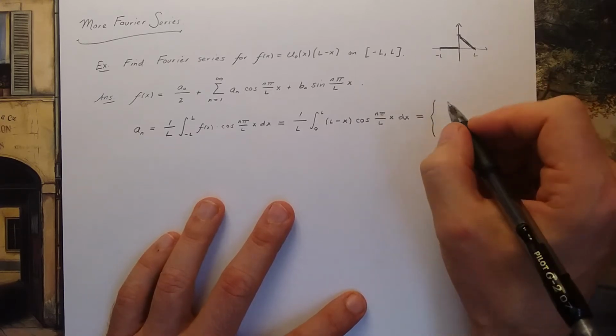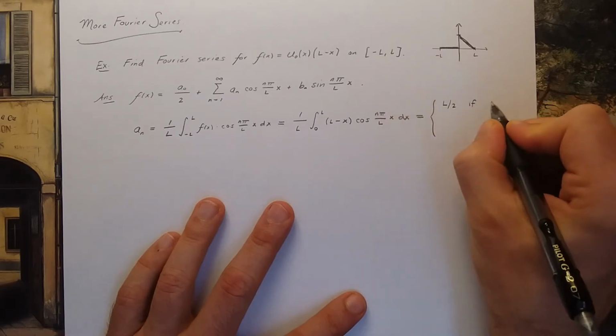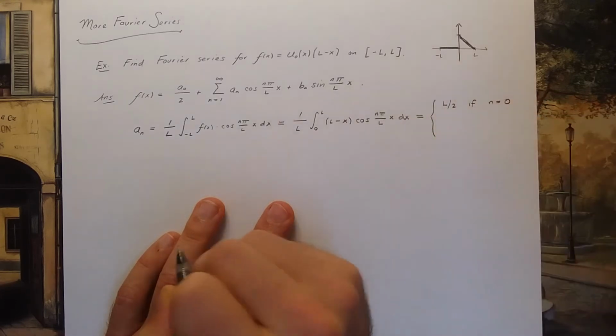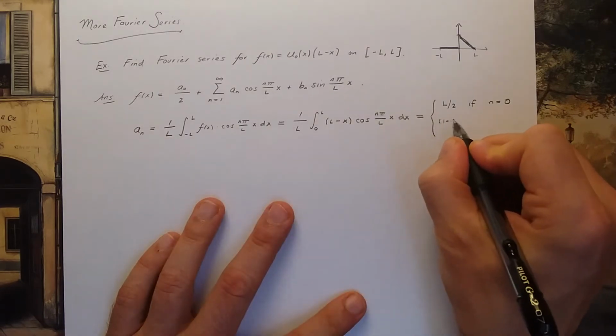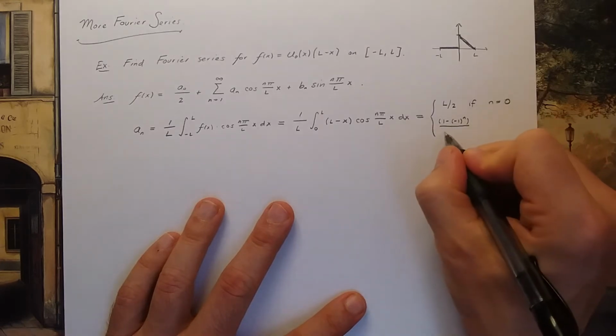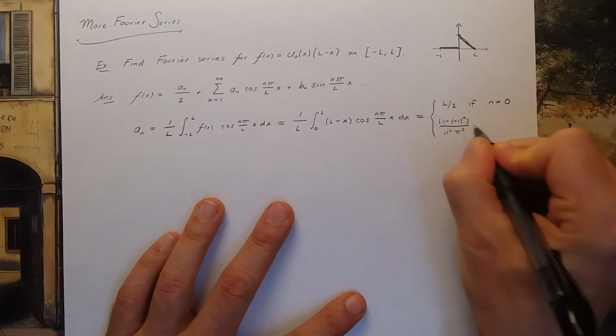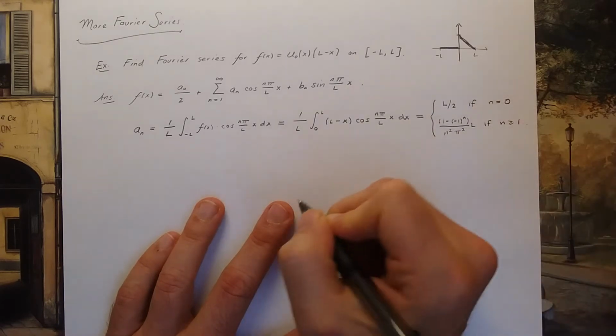So this is equal to L over 2 if n is equal to 0, and I've got 1 minus negative 1 to the n over n squared pi squared times L if n is bigger than or equal to 1.